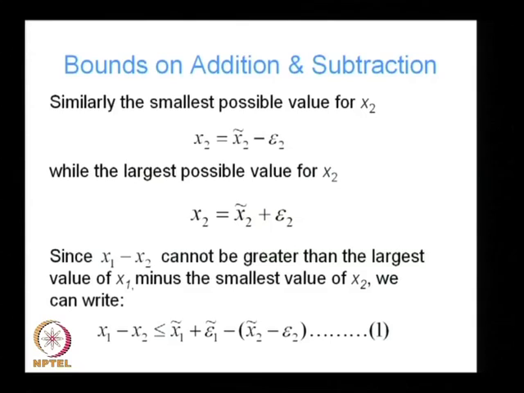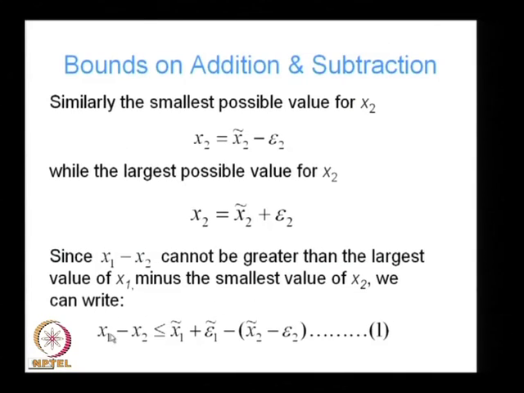Since x1 minus x2 cannot be greater than the largest value of x1 minus the smallest value of x2, the magnitude of x1 minus x2 cannot exceed the largest value of x1 minus the smallest value of x2.